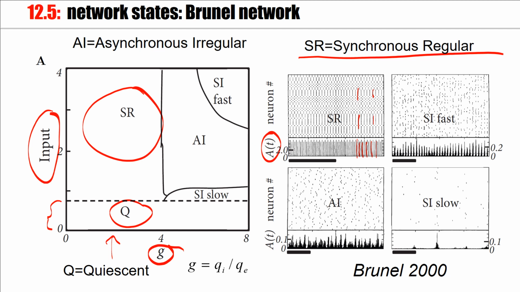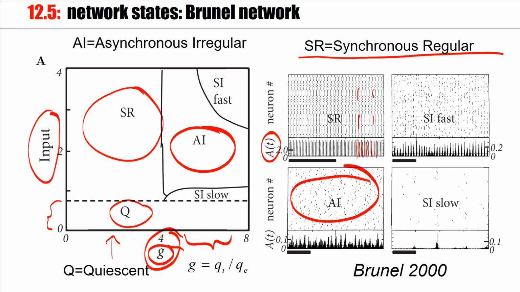If we make G larger than 4, then we are on this side, then we have an interesting regime which is called asynchronous irregular. Different neurons fire at different moments in time so that on average the population activity is nearly constant.